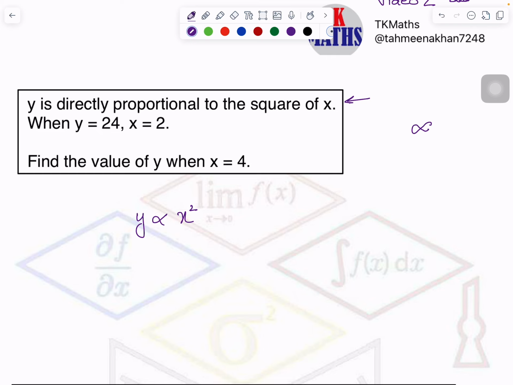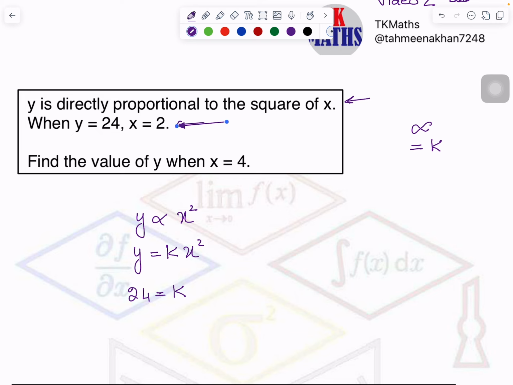When you remove the proportionality symbol, you use equals k, which represents a constant. So when you write y = kx², this becomes an equation. And these are the values you plug in to get the value of k. When y is 24, k you don't know, and x is 2. I'm talking about this line, right?